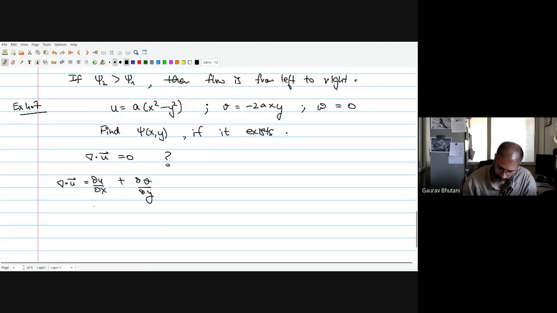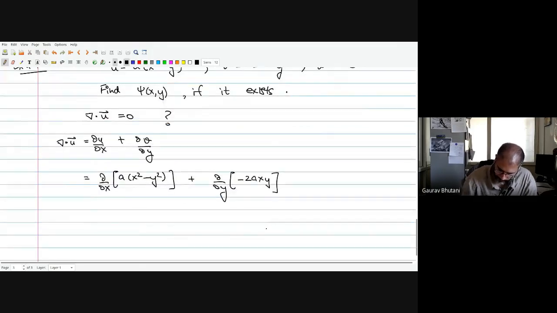So let's substitute u and v and check. It's a partial derivative with respect to x.